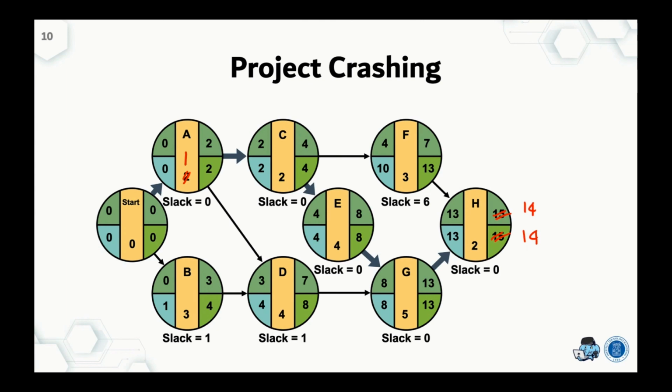Of course this line is still a critical path, but there is a possibility that another path becomes critical. So we should pay attention to which path becomes critical when we do the crashing.